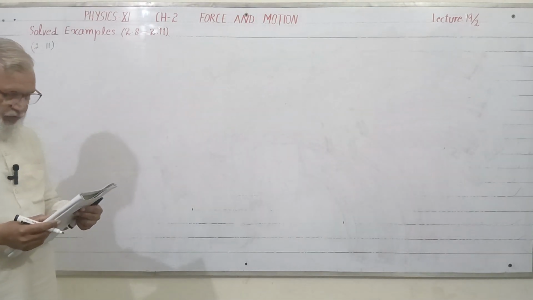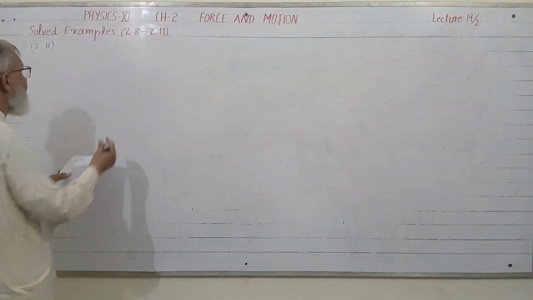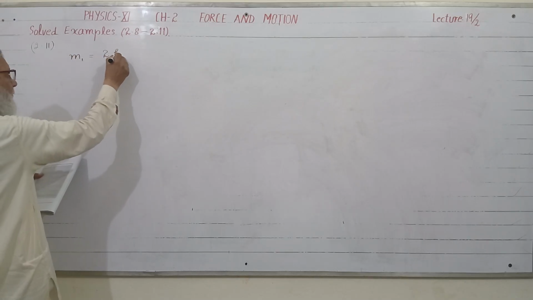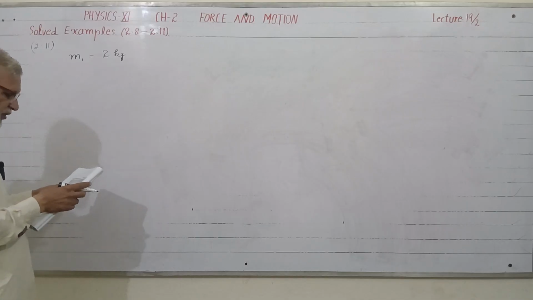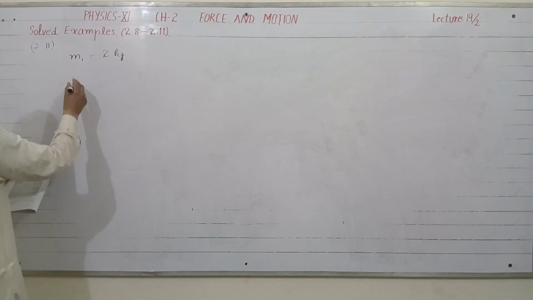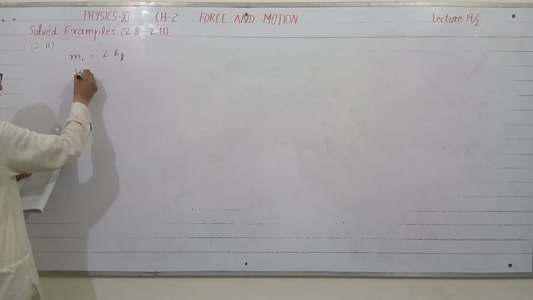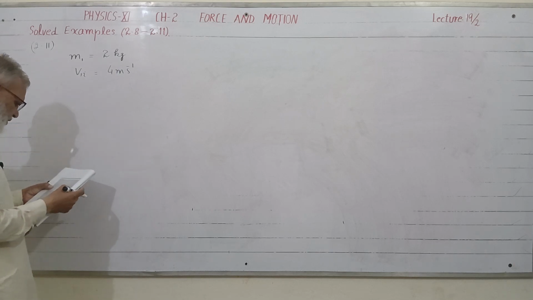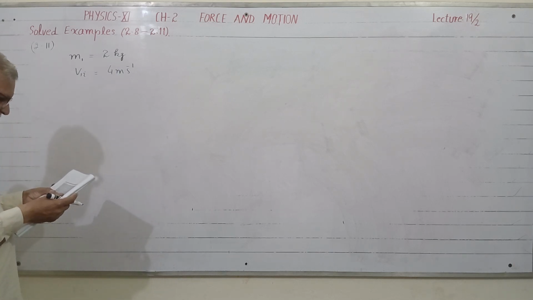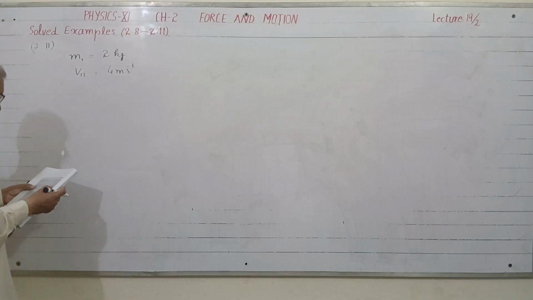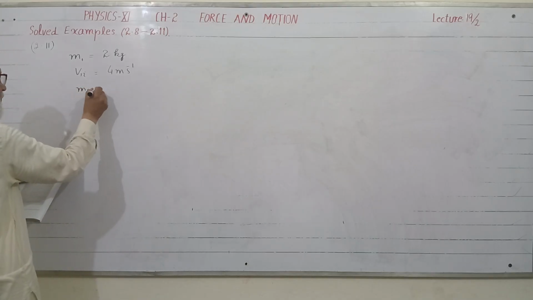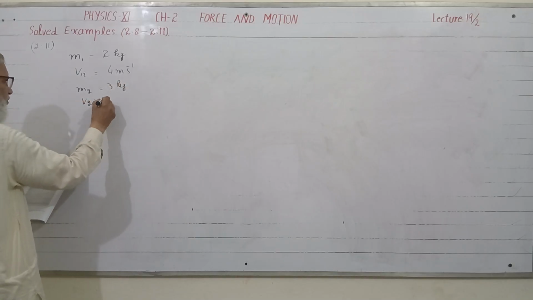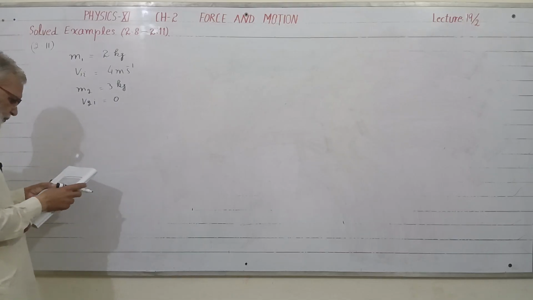A projectile of mass 2 kilogram, m1, is moving with an initial velocity v1i of 4 meter per second towards right and hits a target at rest of mass 3 kilogram, v2i is equal to 0 meter per second.